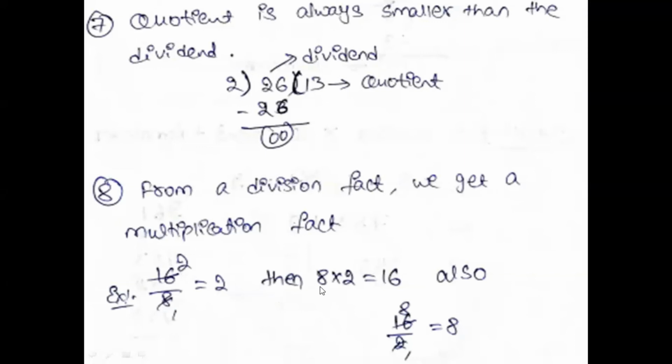Then 8 into 2, the product is 16. 8 twos are 16. 16 is the product. Now see, 16 divided by 2, 8 remains. 2 ones are 2, 2 eights are 16. So the quotient is 8.